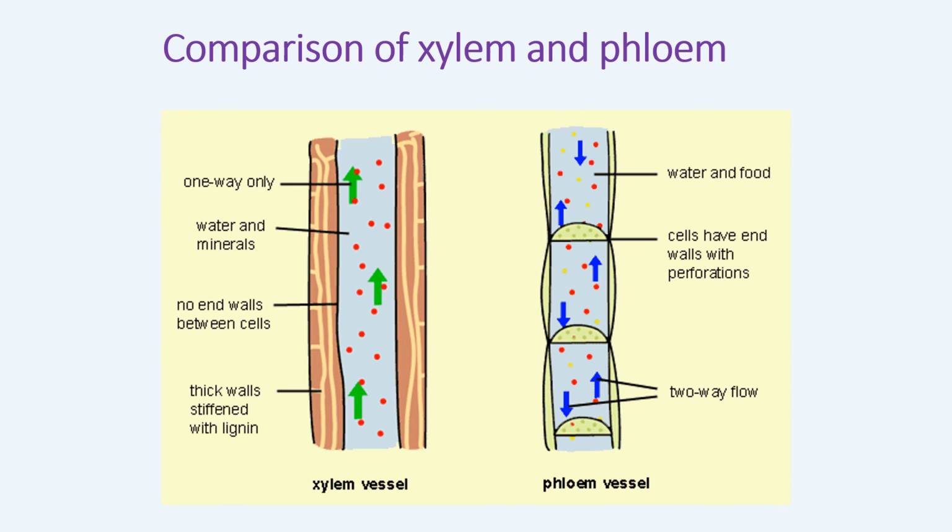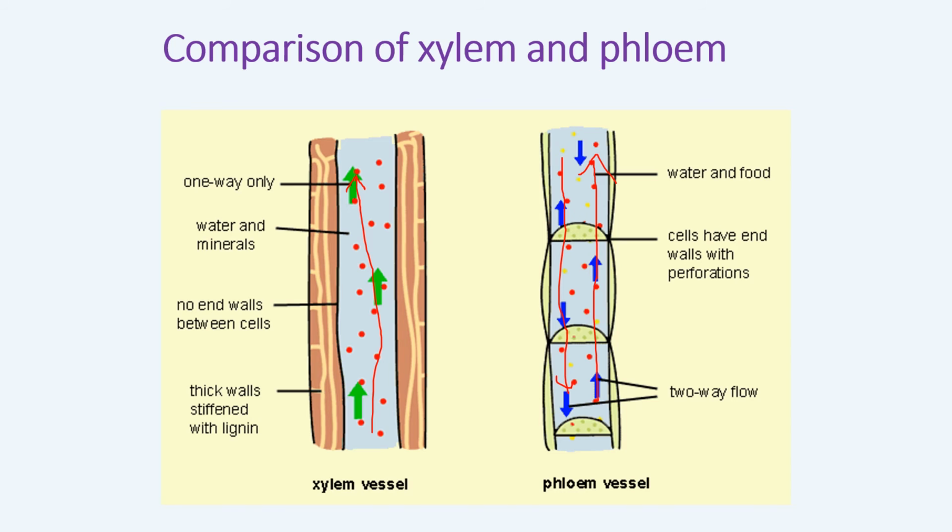So comparing the xylem to the phloem, the xylem takes water only in one direction, whereas the phloem transports sugar upwards and downwards. So the xylem is made out of dead tissue and the phloem is made up of alive tissue.